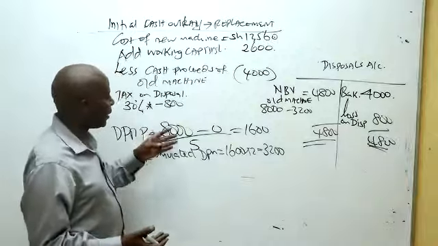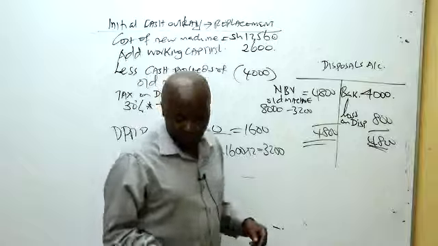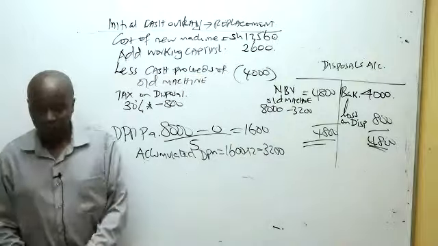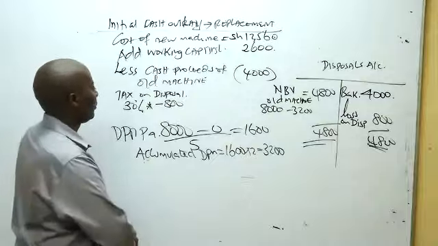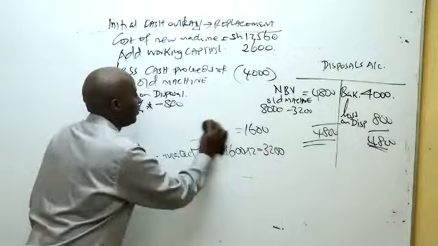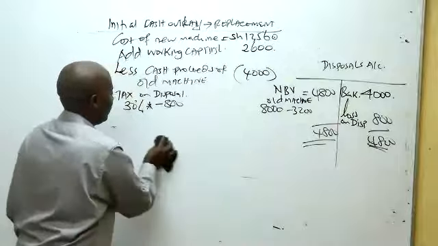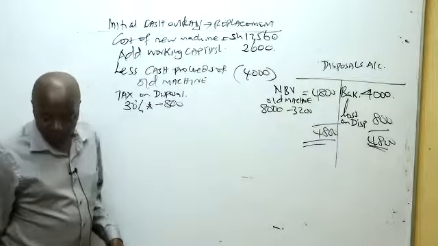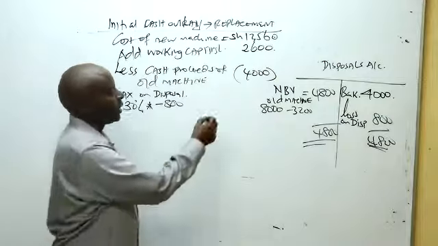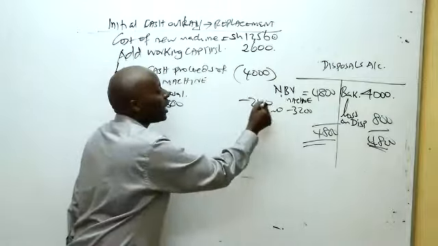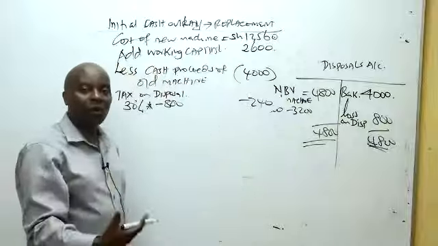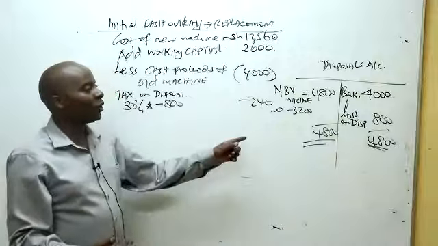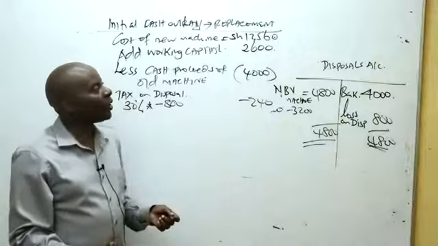So 30% of negative 800 gives us negative what here, somebody? Negative 240. So it's an income to the company because we have made a loss. We shall claim a tax relief on that loss from KRA, and that is it.